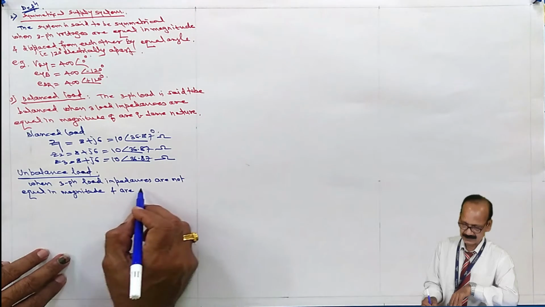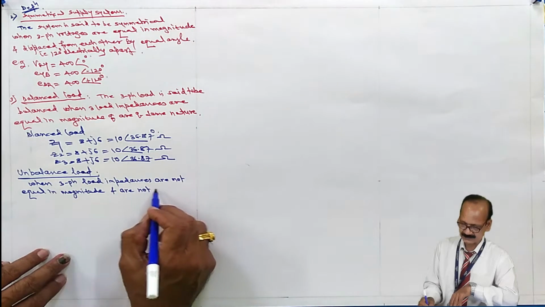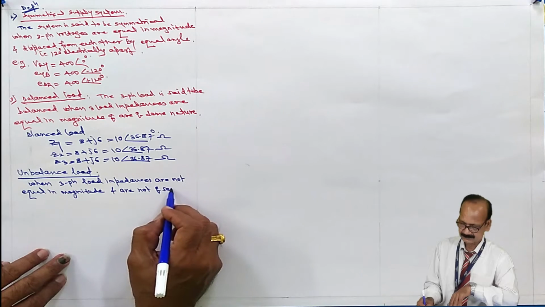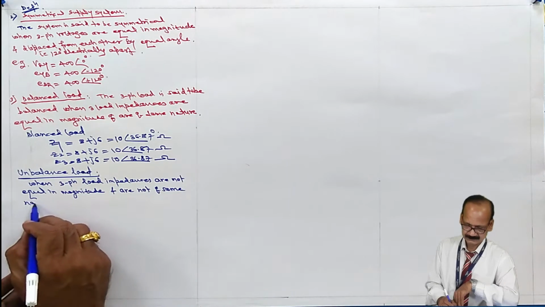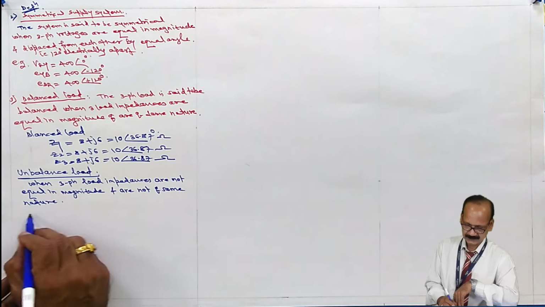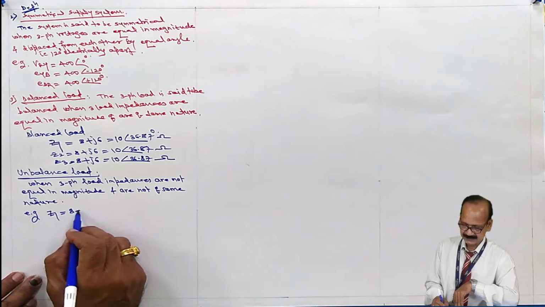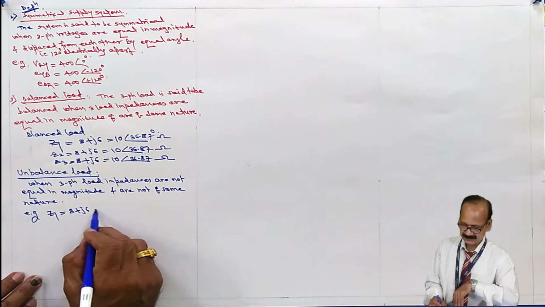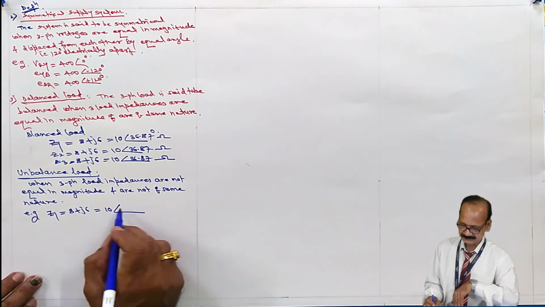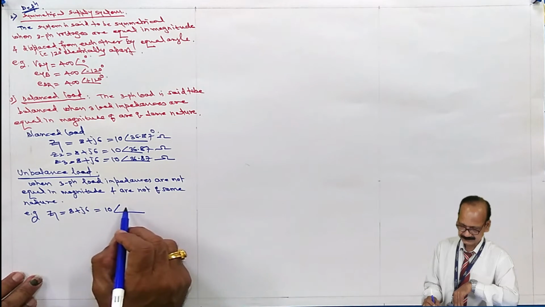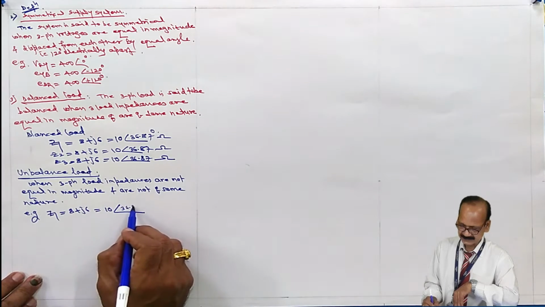For example, say Z1 equal to 8 plus j6 equal to 10 angle 36.87.